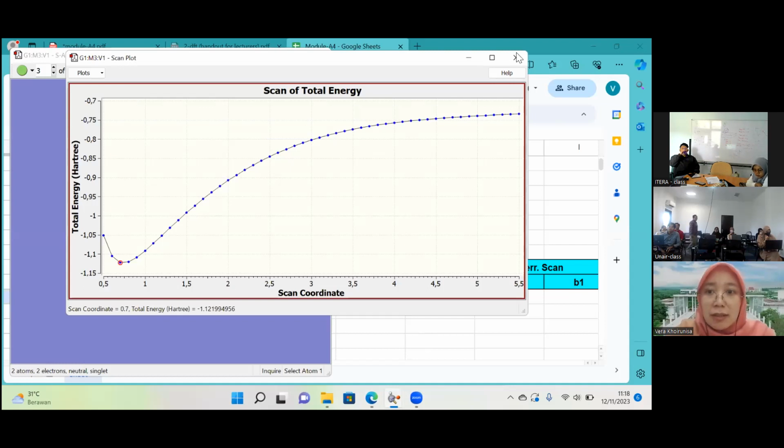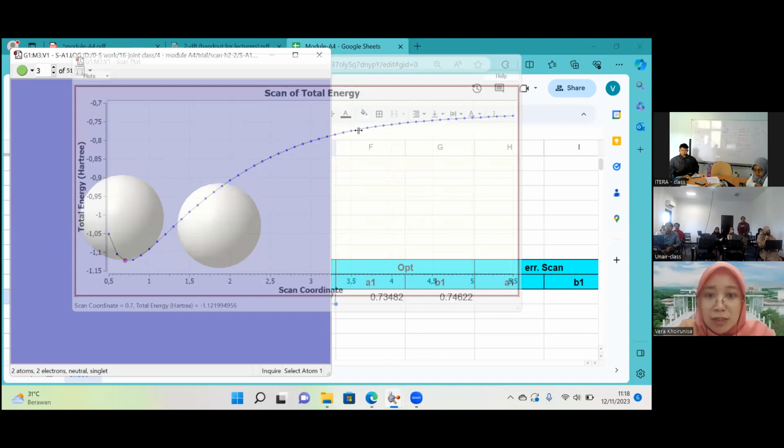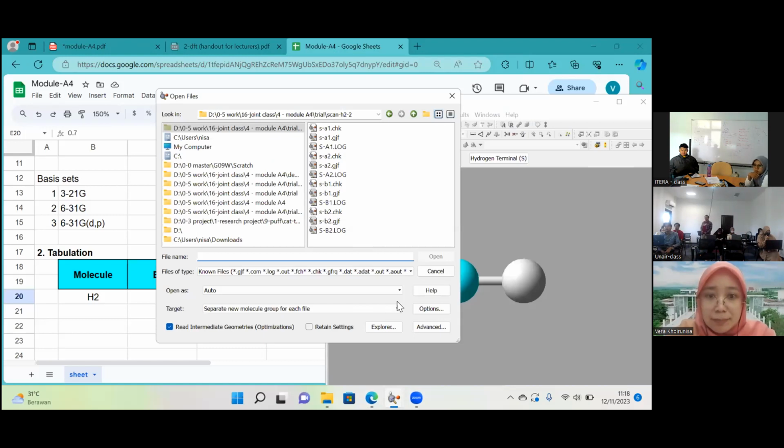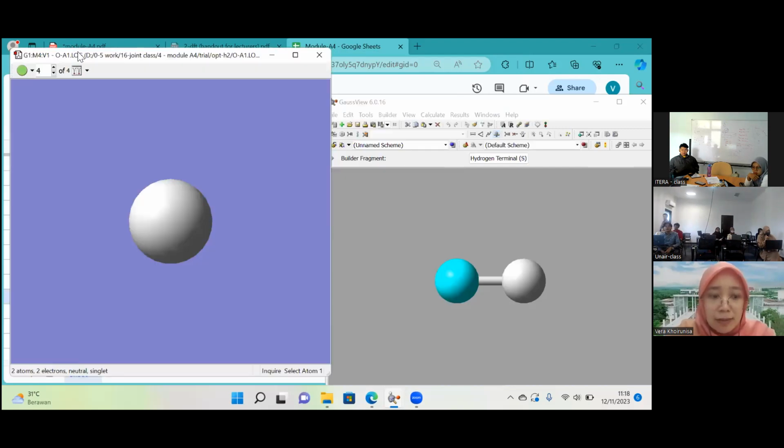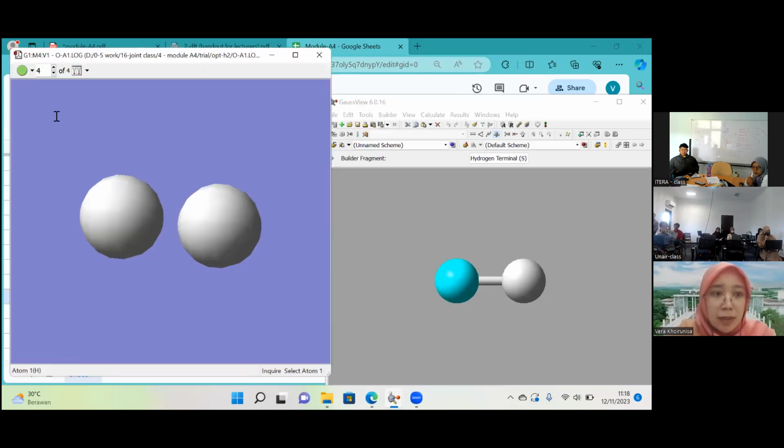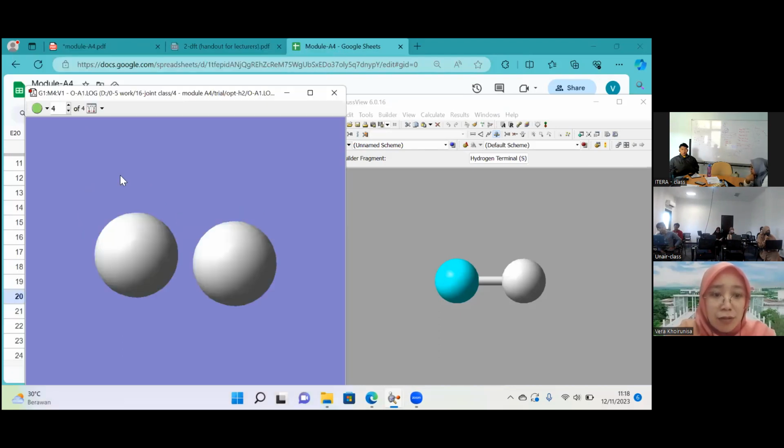And I open the optimization file. Here, file, open for the optimization, for OA1. Make sure that this is the last step, so this is 4 of 4.